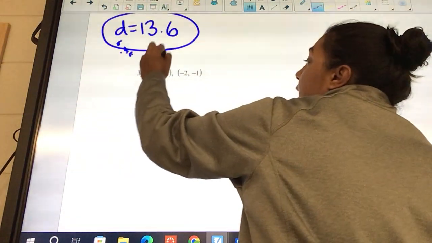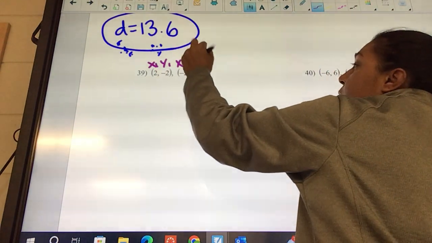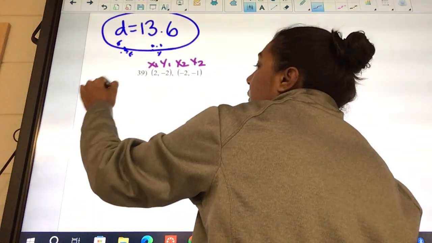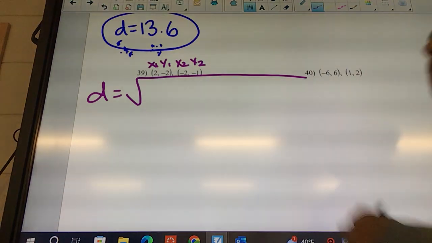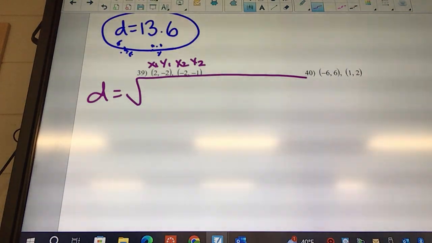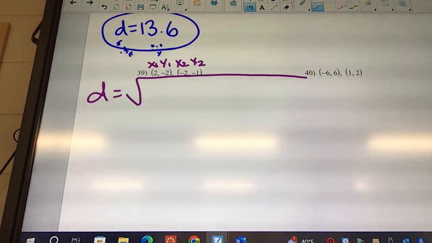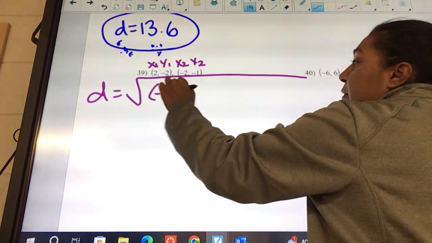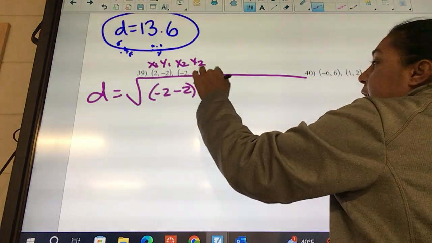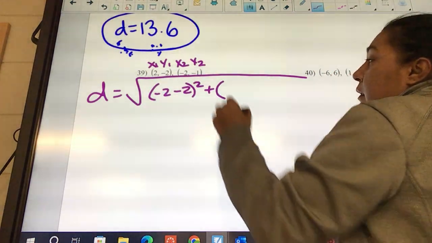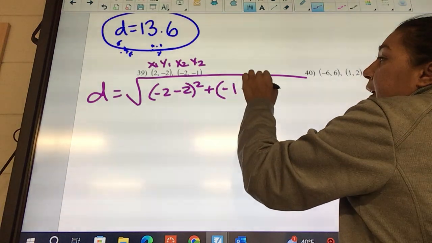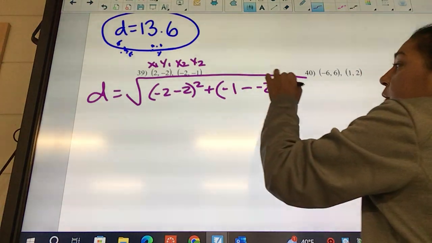Okay, so last one, x1, y1, x2, y2. Again, this is the short way, and this is how it should look on your test. We're going to say d equals, and it's going to be -2 minus 2 squared plus -1 minus -2 squared.